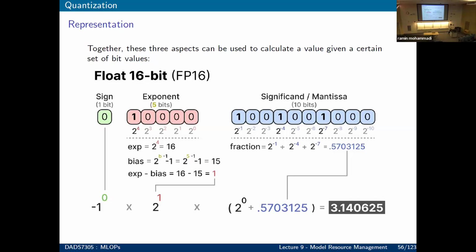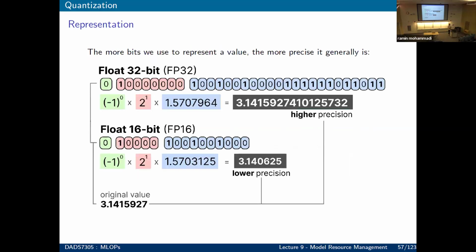Now, if you take that further, compare it to float 32. Float 32 means you need 32 bits to represent every number, correct? So we have the sign 0, we have basically 1, 2, 3, 4, 5, up to 8 exponent bits, and the rest of it basically goes to mantissa.